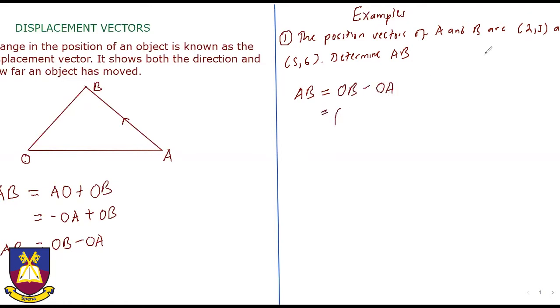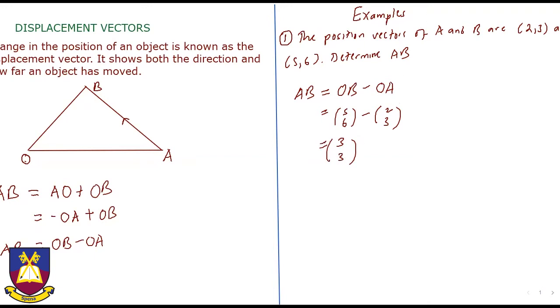This is OB, which is (5, 6), written in column form, minus OA, which is (2, 3). And this means 5 minus 2 is 3, and then 6 minus 3 is also 3. So the vector AB is (3, 3).